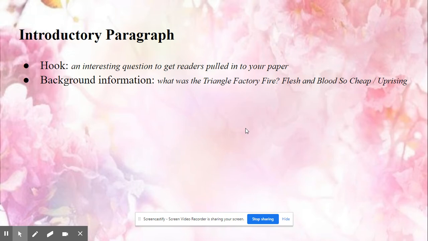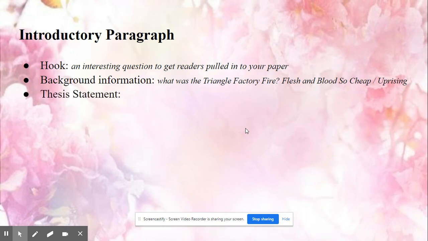The same thing for Uprising. You're going to want to introduce that text. You're going to want to introduce Margaret Haddix as the author, especially because we're going to be focusing on her a lot in this TDA. And you're also going to want to tell the readers what Uprising was about. I would make sure my readers understand that Uprising was a fictional depiction, or a fictional version, of the Triangle Factory fire. So you're going to have quite a bit of background information.